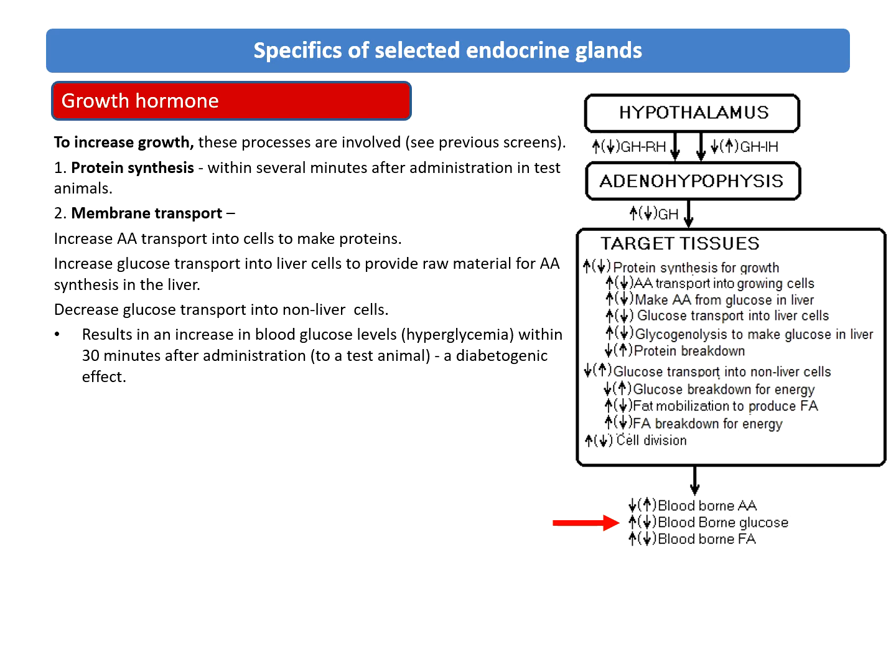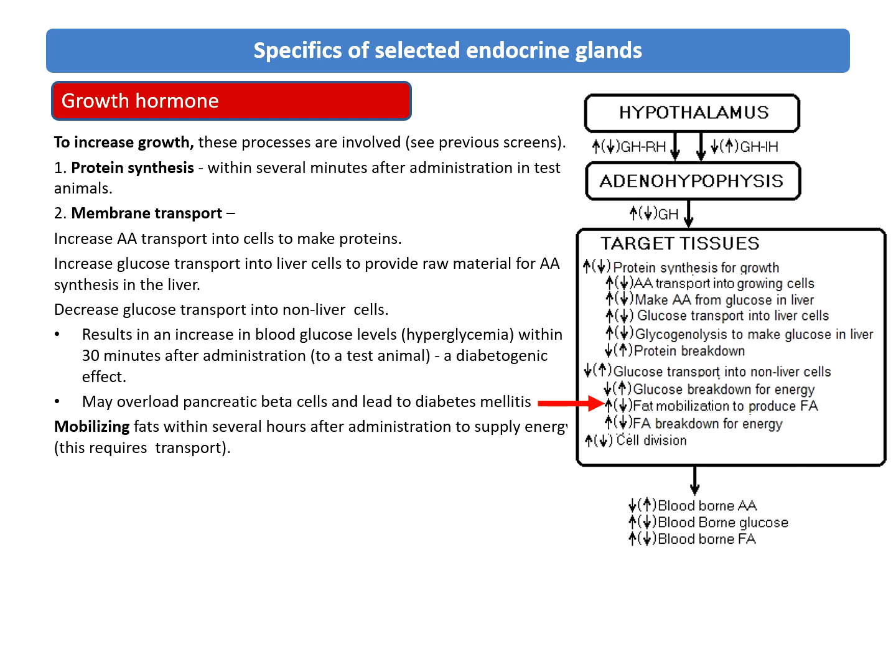This is called hyperglycemia. It happens within 30 minutes after administration. It's referred to as the diabetogenic effect. It may overload the pancreatic beta cells sometimes and lead to a form of diabetes mellitus. Mobilizing fats within several hours after administration occurs to supply energy. This requires membrane transport, enzyme action.